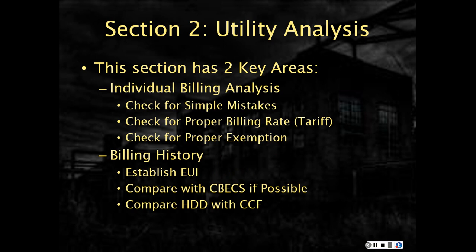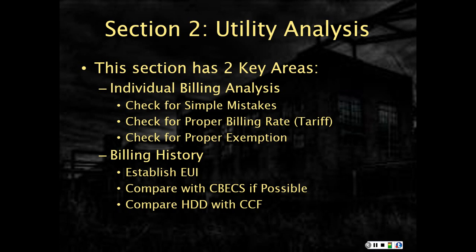As a little bit of a reminder, utility analysis really covers 2 key areas. We have individual billing analysis. We check for simple mistakes. We check for proper billing rate or tariffs. And we check for proper exemption, in this case sales tax exemption. That would be under individual billing.